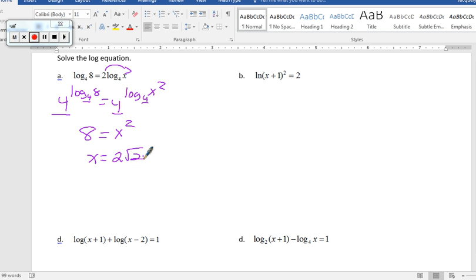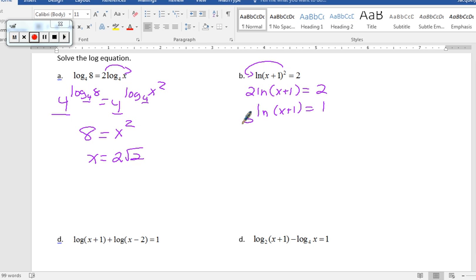So I'm looking at this one here. The first thing I think I'm going to do is, we could do a couple of things here. Well, let's take this 2 over to the front. So we have 2 natural log x plus 1 is equal to 2. I could divide everything through by 2. Now I just have natural log x plus 1 is equal to 1.